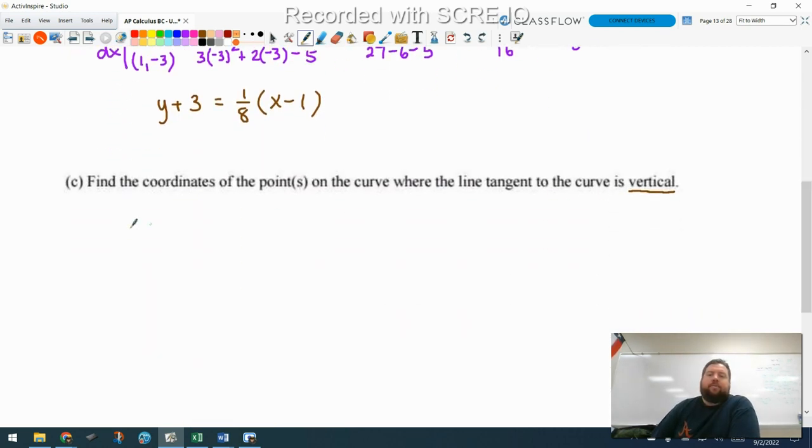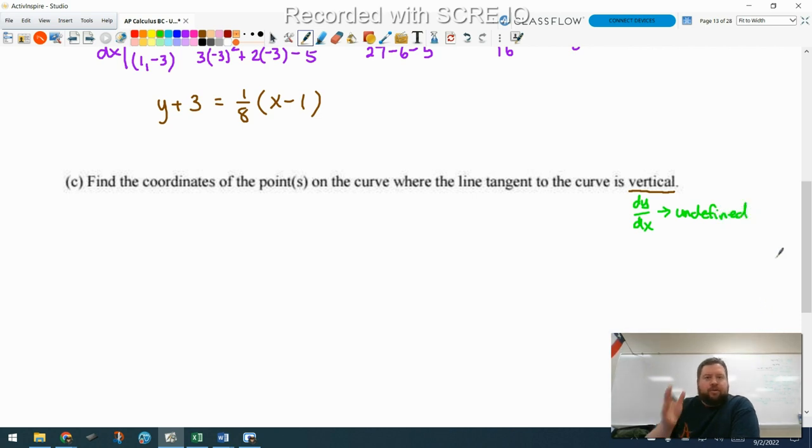When we've done horizontal tangents, we've always set our derivative equal to 0 because horizontal lines have a slope of 0. Now think about the slope of a vertical line. You want to set your derivative, dy over dx, I'm not going to put equals because it's not really equals, but the derivative has to be undefined.